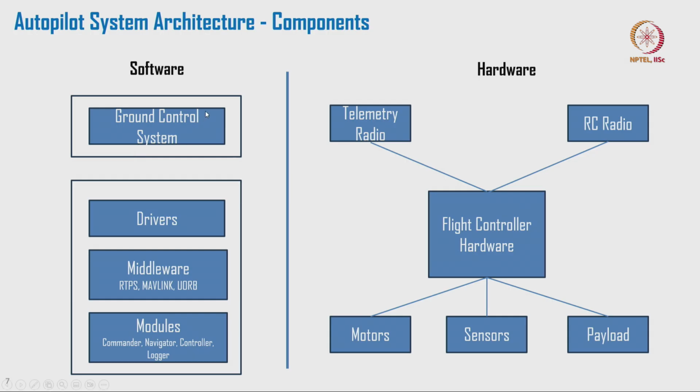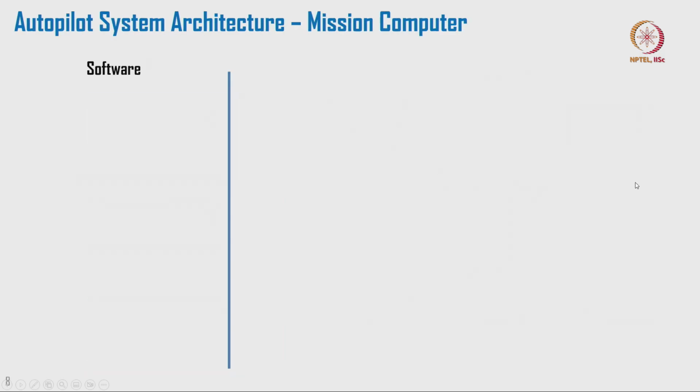Whether you fly it in semi-autonomous or autonomous mode or manual mode, you need this data to know what's really happening, right? Then you have an RC radio also available where you want to command that particular drone to do something else, right? You want to alter the mission, you can command through your RC radio. These two are communication interfaces which also connect to your flight control, right?